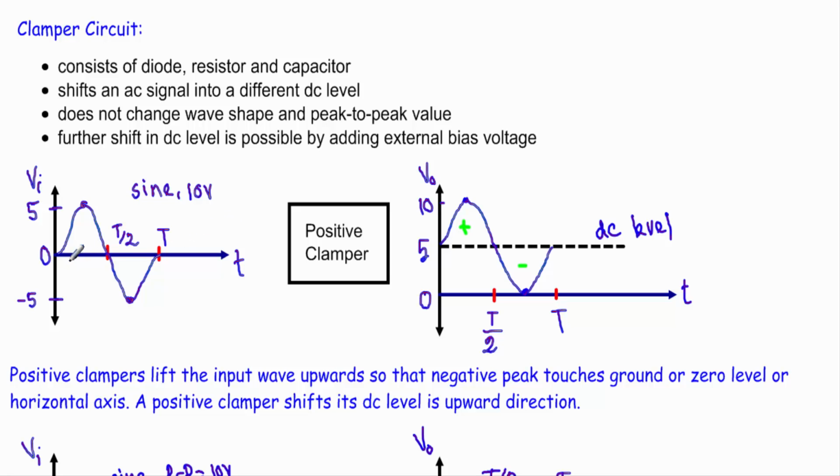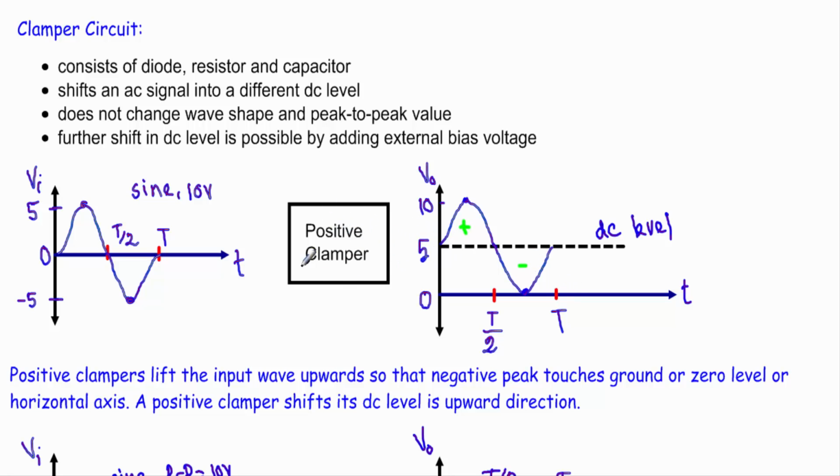Okay, now let's say I have applied this sine wave to a positive clamper circuit. Our positive clamper will push up the DC level of this alternating voltage in such a way that its negative peak touches the horizontal or time axis. Now see, this is the output voltage of the positive clamper.